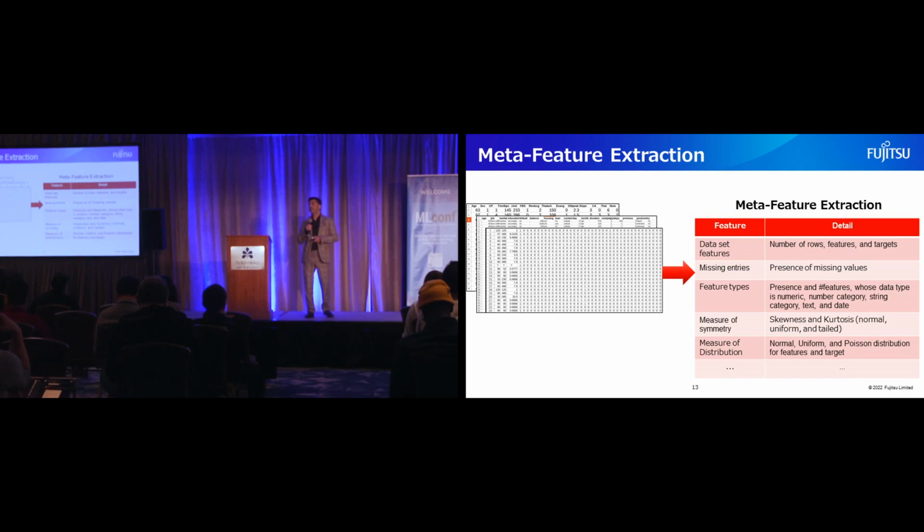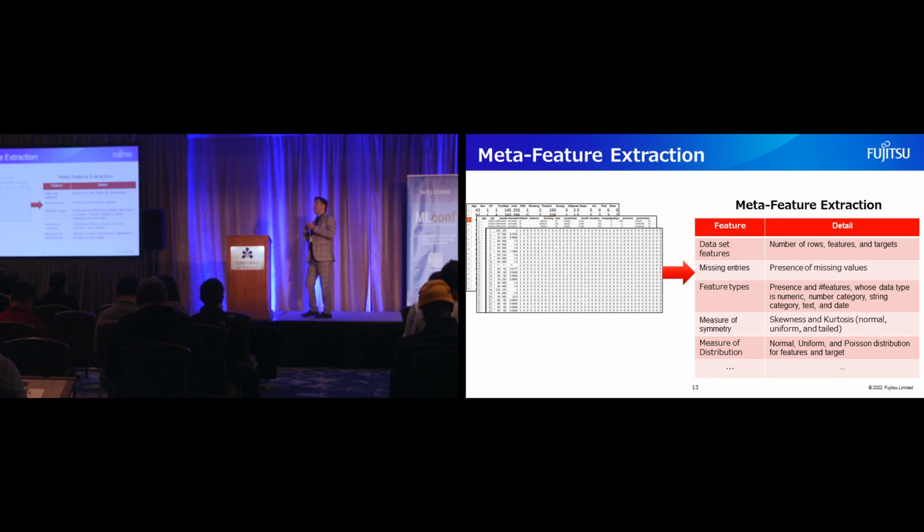So back to the meta feature extraction. In meta feature extraction, we look at the data set and we collect information. It includes data set features, such as the number of rows, features, and target. For example, missing entries and feature types are some examples. For instance, measures of symmetry. We look at the skewness of the data, we look at the kurtosis, we want to see what the distribution of the data is, what the data looks like in tabular data.